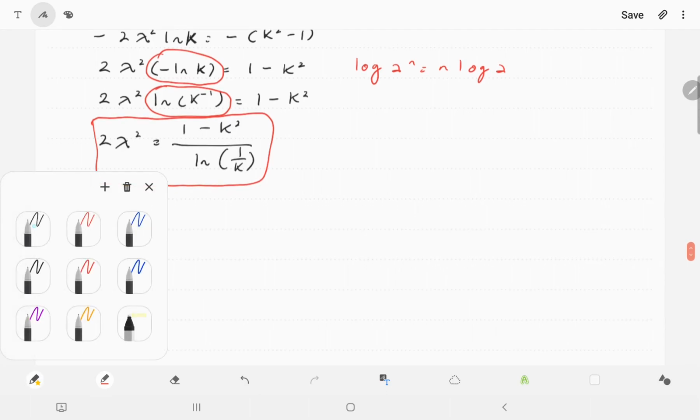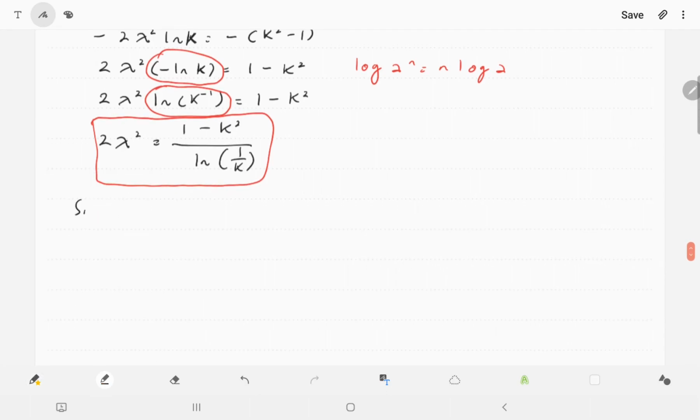Then what we can do next is substitute into the expressions for tau rz and vz.